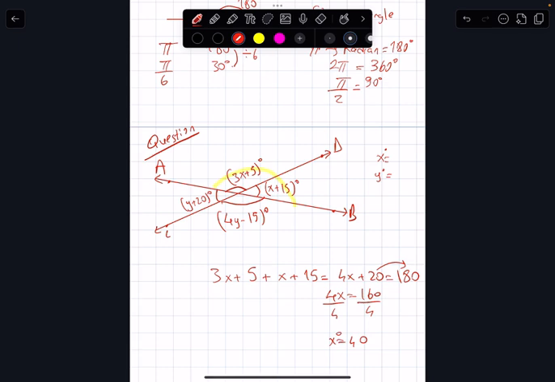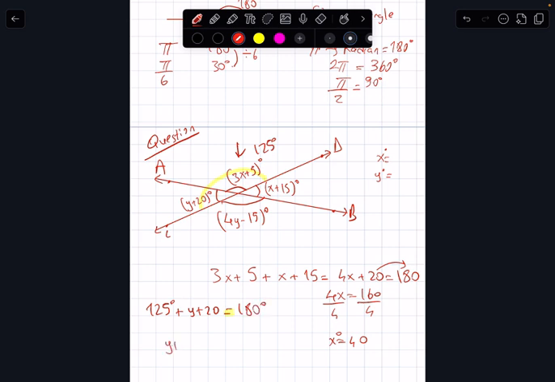Okay, I got this. Now let me find this angle. 40 times 3, 120. Add 5, 125. 125 degrees plus y plus 20. Now I'm looking at this angle, it is equal to 180 degrees.